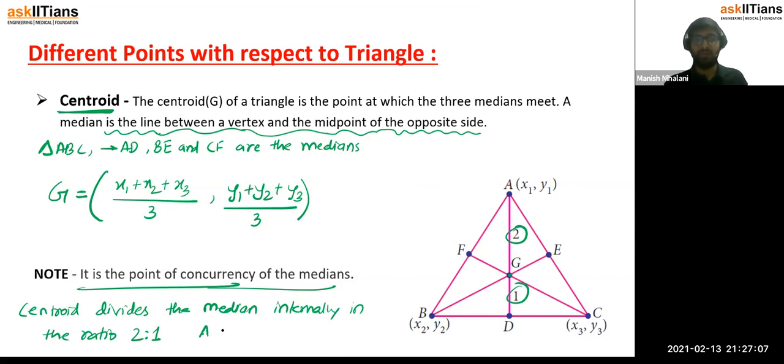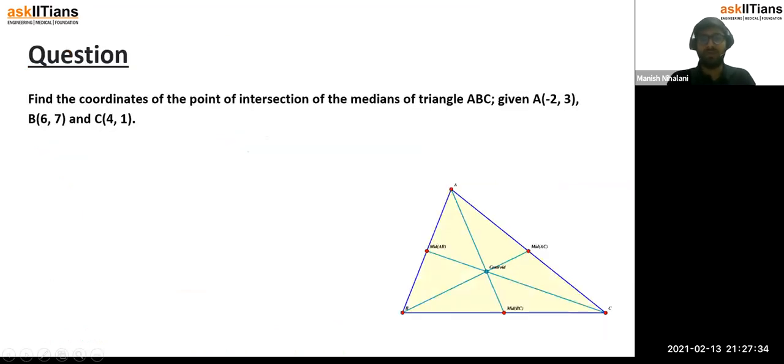Similarly, CG by GF is also 2 by 1, and also BG by GE. All these medians are divided internally in the ratio 2 is to 1. Now let's solve a question based on this.